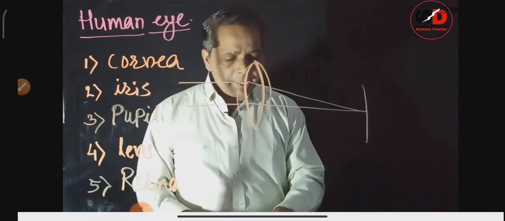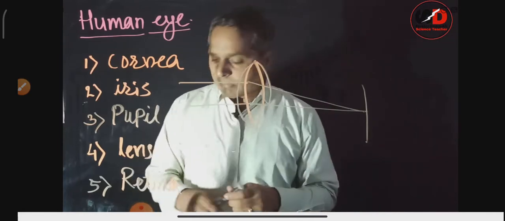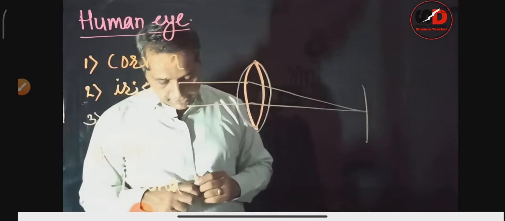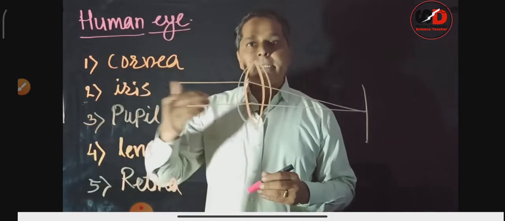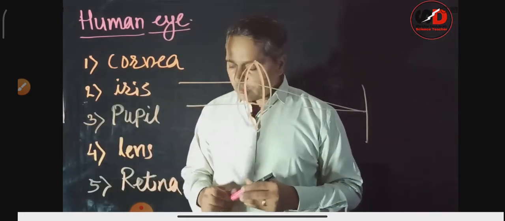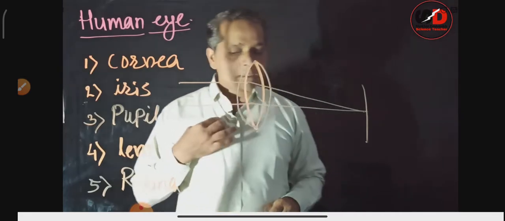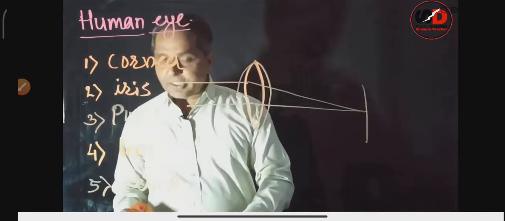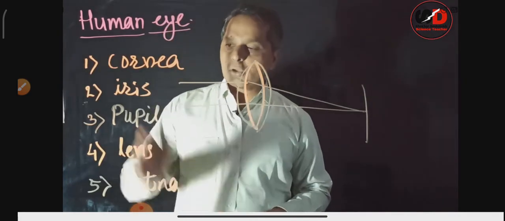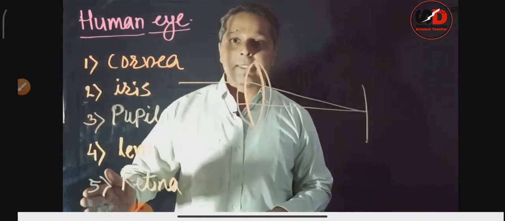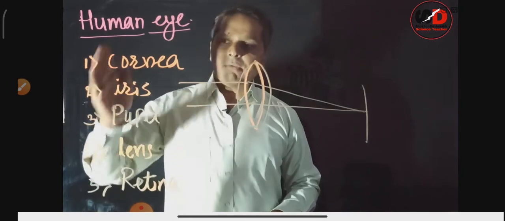That means the brain analyzes that signal and shows the object as it is to us. So that is the image which is formed on the retina. So these are the 5 different parts and their functions.